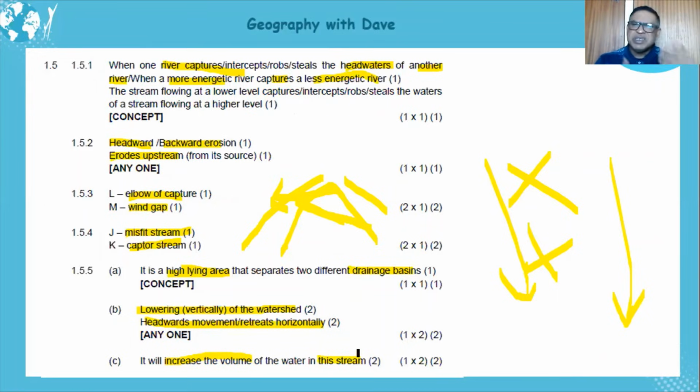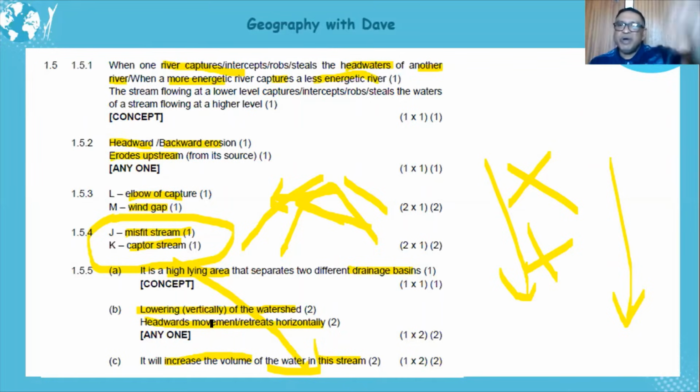Can you see how the questions are also linked? Like, for instance, if you look at this, the examiner asked you which one is a captor and a misfit stream. You worked it out. And therefore, when you look at this answer, you understand. You already got it. You don't have to think much. So sometimes you find a linkage between the questions, eh? You get a little clue from one, which comes down and you'll be able to answer another question.